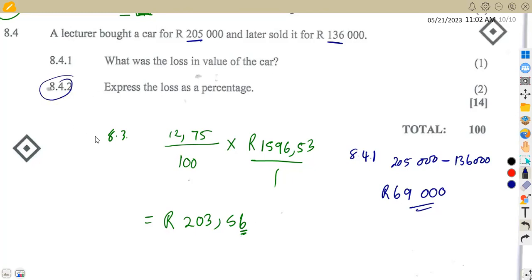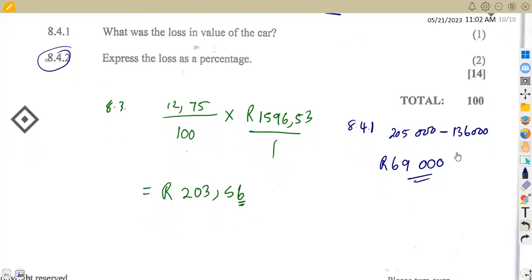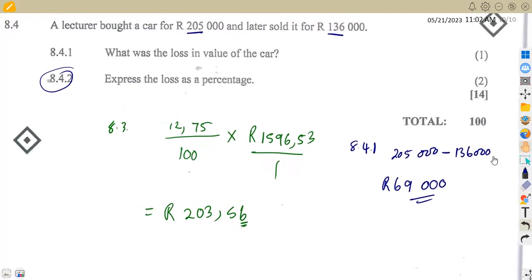All right, so 8.4.2, express the loss as a percentage. So remember, the car was originally bought at 205,000. So meaning to say the percentage is going to be the loss that was incurred, which is the loss of 69,000, over the total that was there before. And our total is 205,000, times 100%.